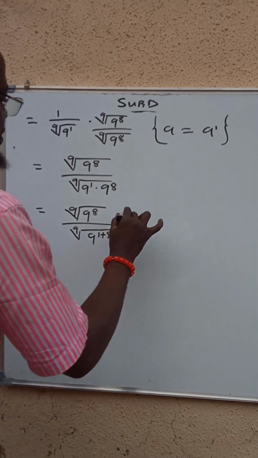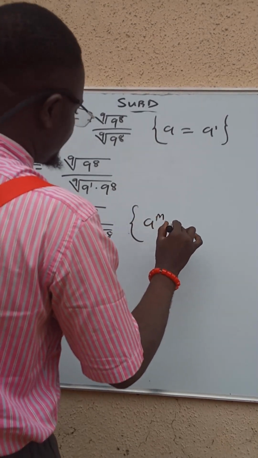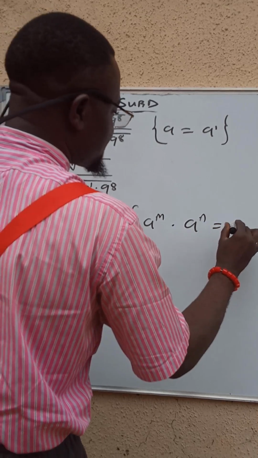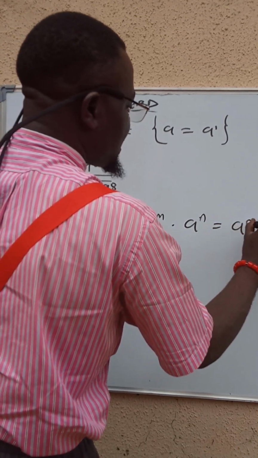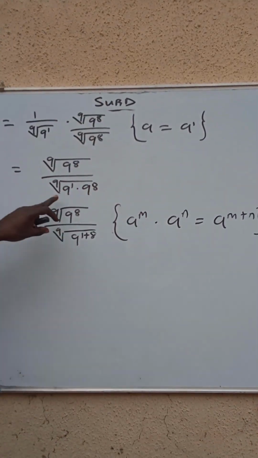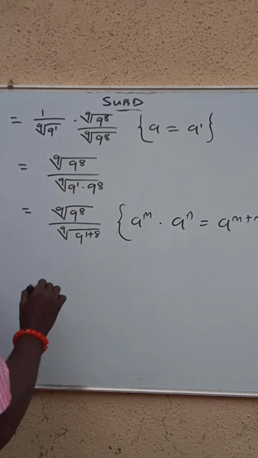Because you know that a raised to the power of m multiplied by a raised to the power of n is the same thing as a raised to the power of m plus n, right? So that is what I did here, 1 plus 8. Good. So this will now give me what?